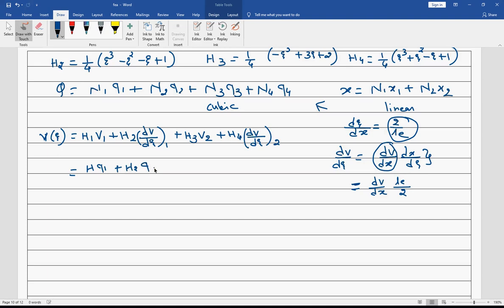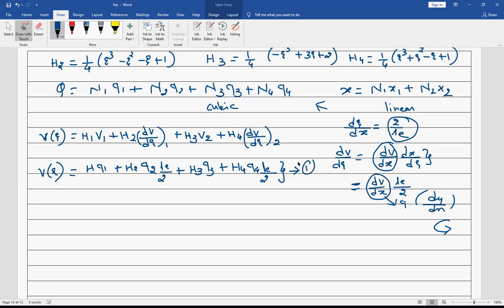So I could write here q2, and then Le by 2, plus h3 v2 plus h4 q4 Le by 2. This is the representation of dv by dx, which gives the rotational motion. This is V of xi.